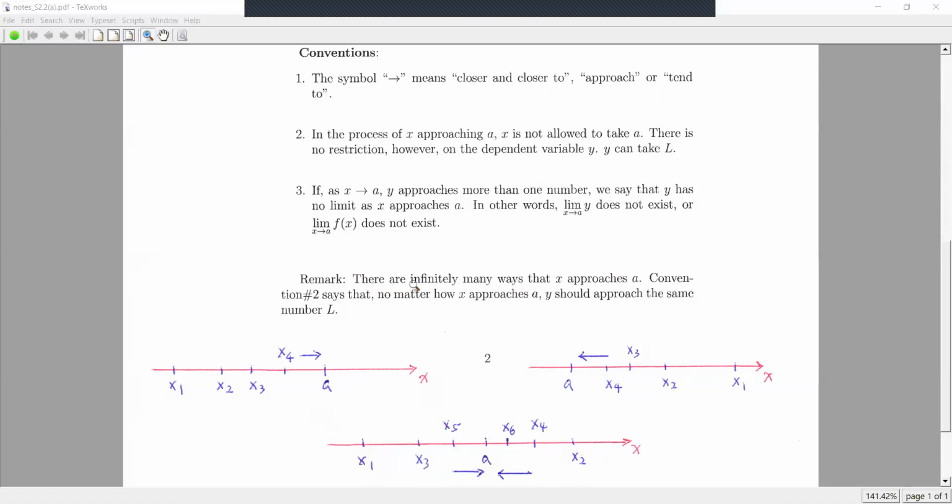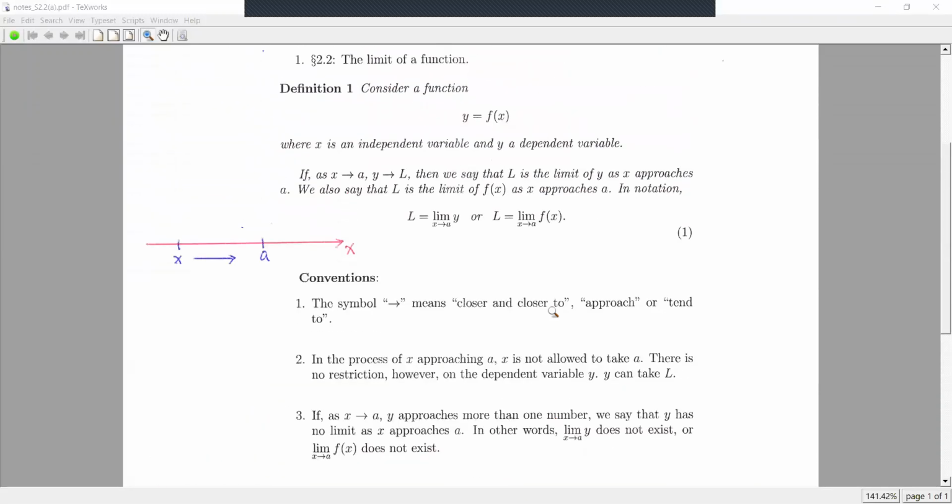So there are infinitely many ways that x can approach the point A. Convention number 3, here is a typo. Convention number 3 says that no matter how x approaches A, the dependent variable y should approach the same number. If y approaches more than one number, we say that y has no limit.